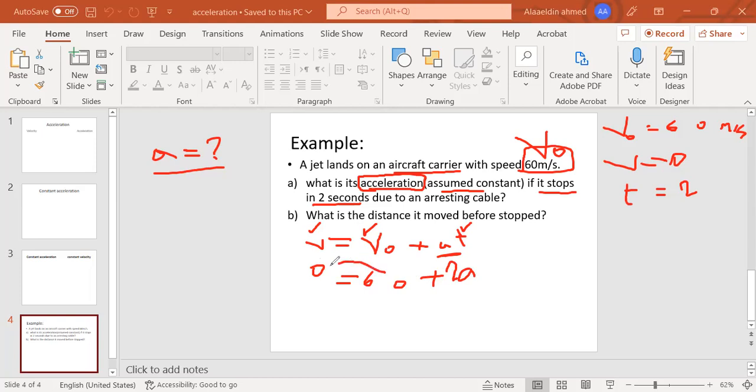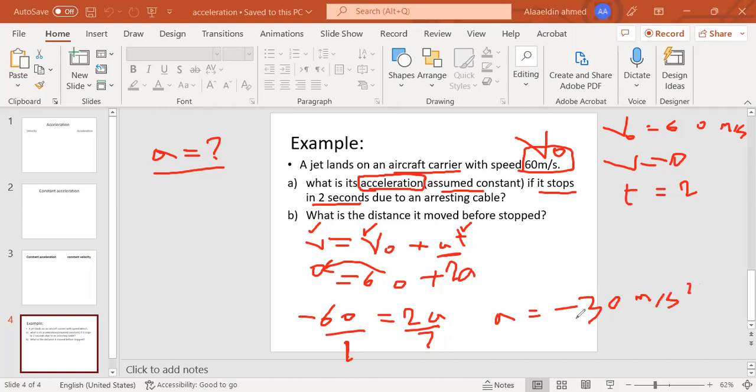Transfer 60 to the left side with a negative sign, so minus 60 equals 2a. Divide both sides by 2. So a equals minus 60 over 2, so minus 30 meters per second squared.